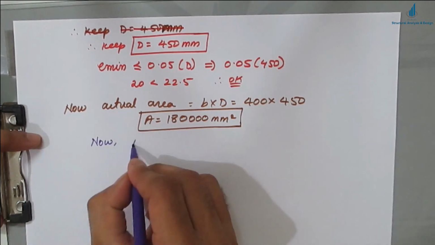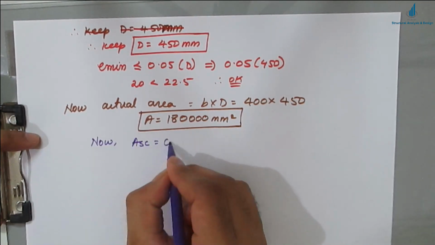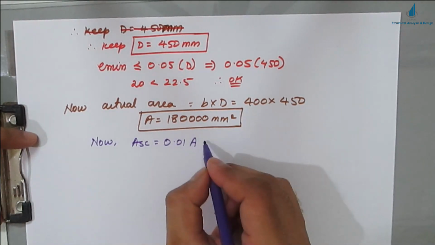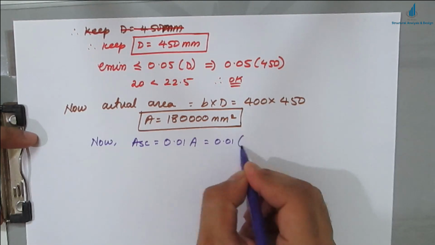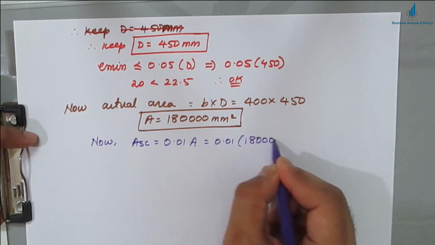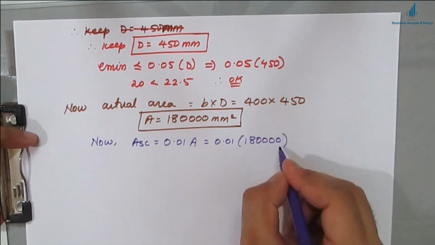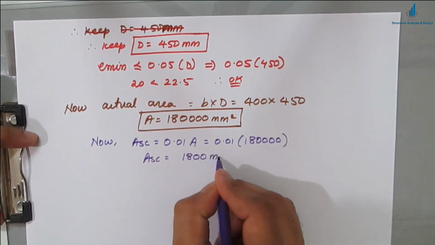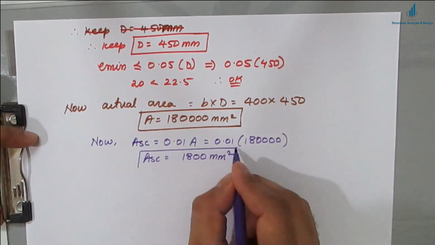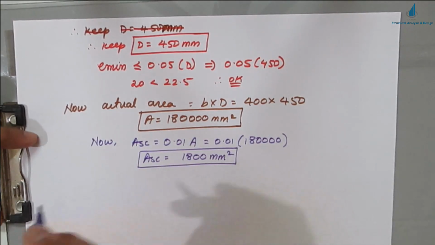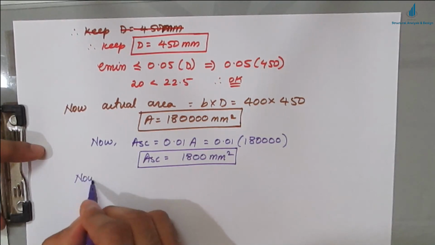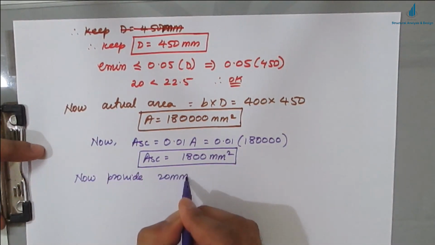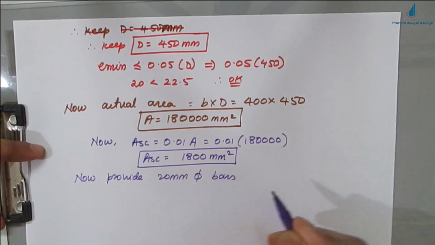Now Asc equals 0.01 A because we had provided 1% of steel. So 0.01 into 180000. So Asc you will get 1800 mm square. So this will be the area of steel in your column. So now provide 20 mm phi bars.